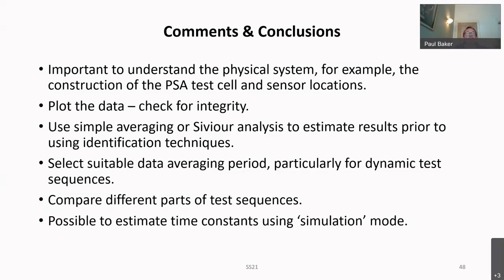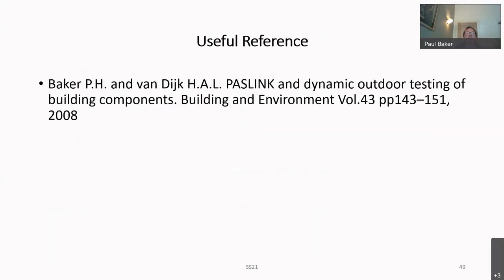It's also possible to estimate time constants using simulation mode and capacitances. A useful reference, which basically lays out the reasons for using identification techniques rather than steady state techniques, is given here.